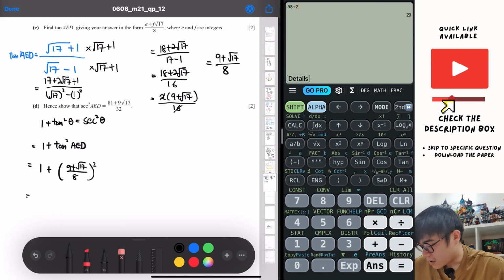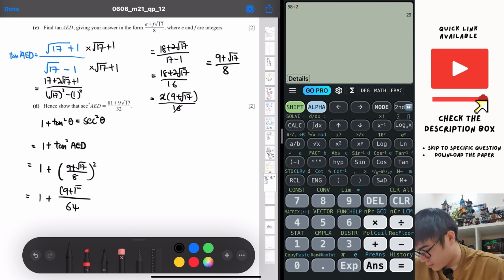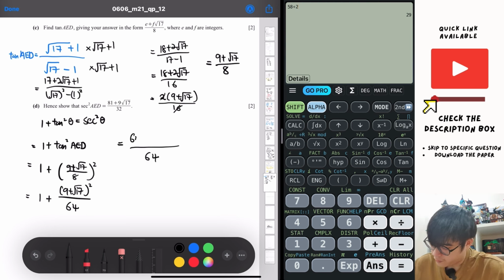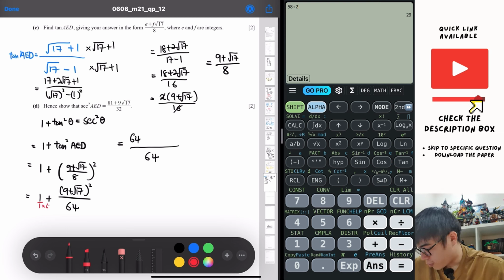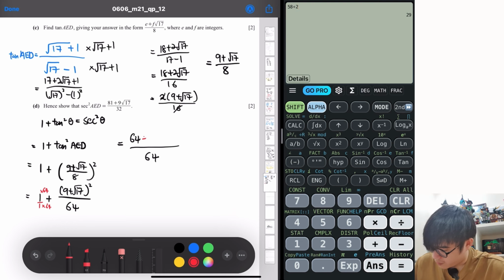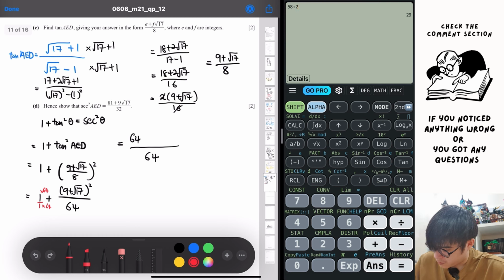When we expand it out and run the calculation accordingly, you have a 64 at the front. This is because it actually has a denominator of 1, so you multiply 64 on both the top and the bottom. And then for the 1 at the back, you will have your result.